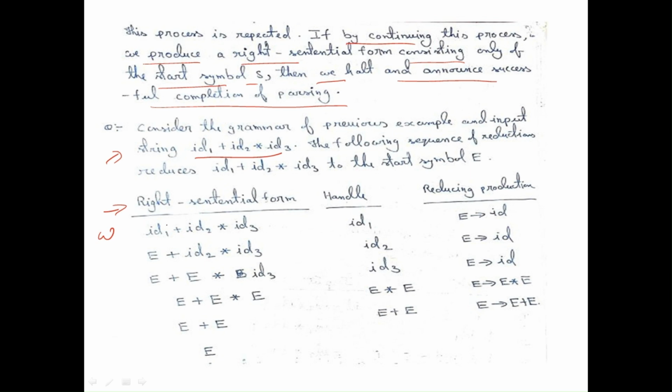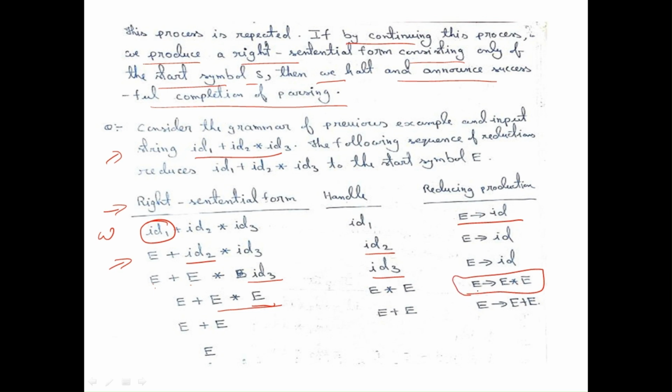Handle we have located ID1, reducing production E is rewritten as ID. So previous right sentential form E plus ID2 into ID3. Again the handle is ID2. Previous right sentential form E plus E into ID3. Next handle ID3. ID3 is replaced by E. Next handle E into E.